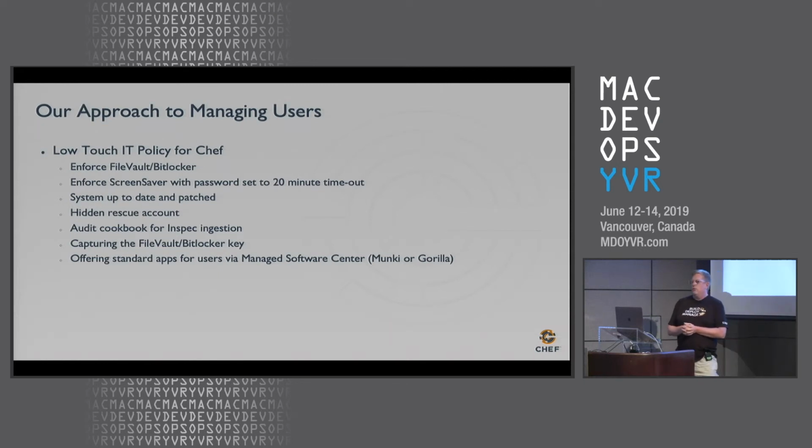We wanted to enforce a screensaver with a password policy. We want to make sure the systems are all up to date and patched. We want to put a rescue account on there, so if somebody from IT needs to get on your laptop, we can get in there and not disturb your work. And we want to make sure that we can capture the File Vault keys for recovery and then push out Munki so that everybody can have a consistent set of apps on Mac, or use Gorilla on Windows.